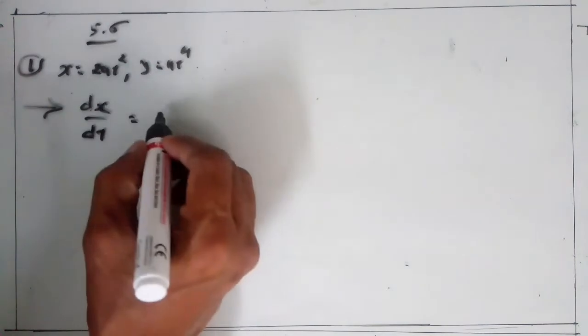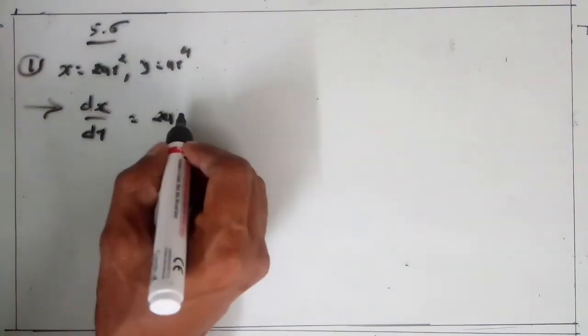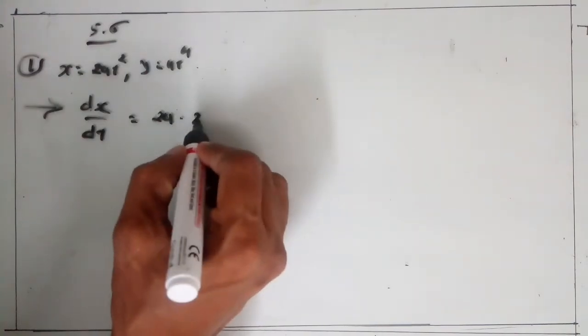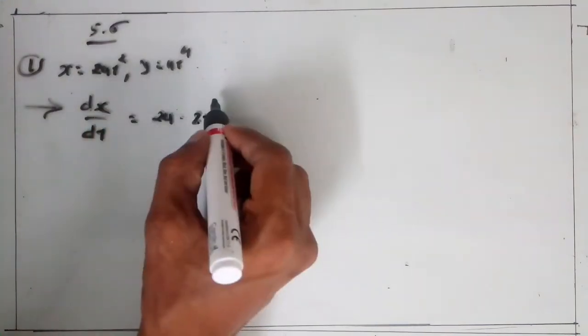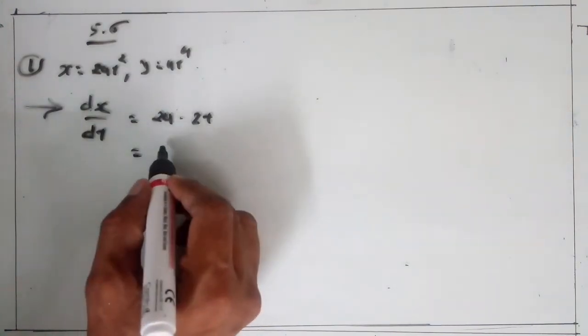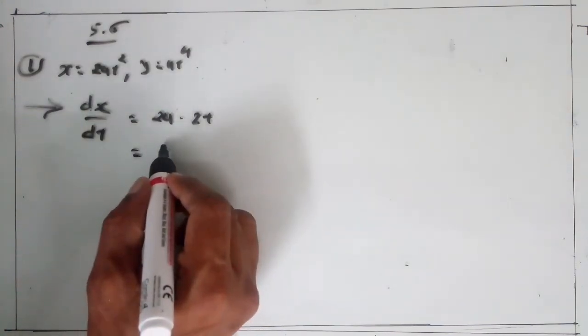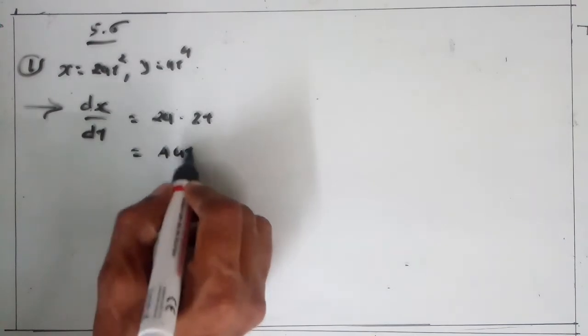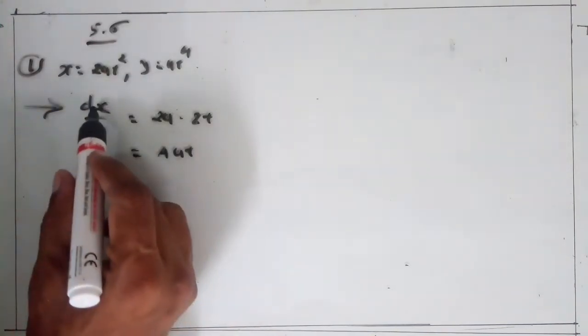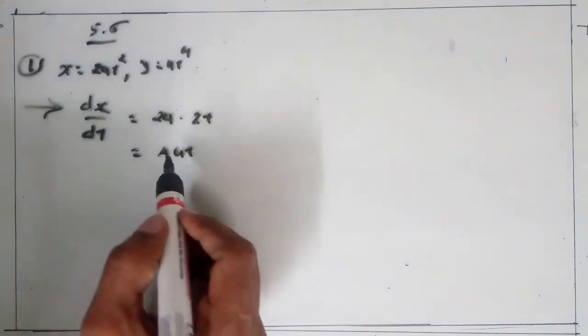For 2at², the derivative of 2a is a constant, the derivative of t² is 2t raised to 2 minus 1, that is t raised to 1, so it is equal to 2 into 2, which becomes 4at. Clear? So this is the derivative of x with respect to t.